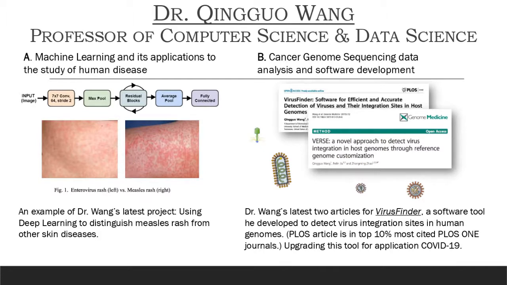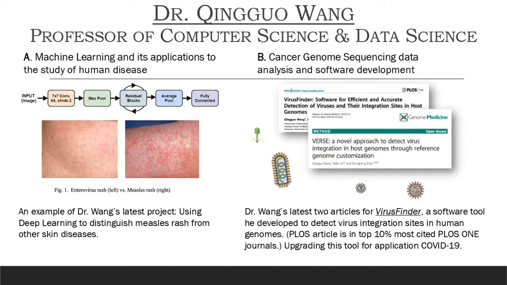He is an expert on cancer research. This is an individual that spent quite a bit of time at Sloan Kettering, which, as you know, is the number one cancer research hospital in the nation. He was research engineer 3 there, just focusing on cancer research. He's been looking at cancer genome sequencing, data analysis, and software development.